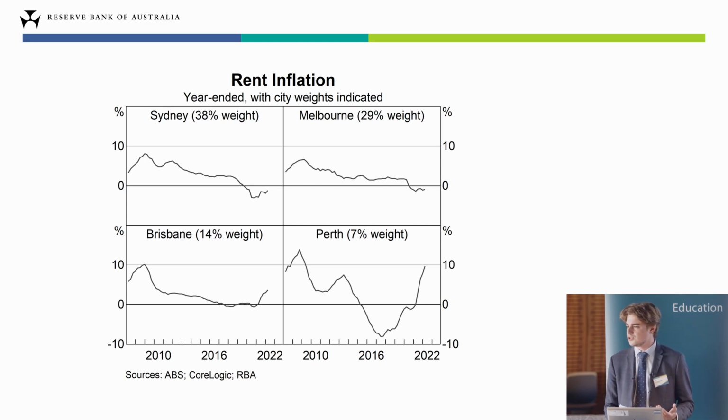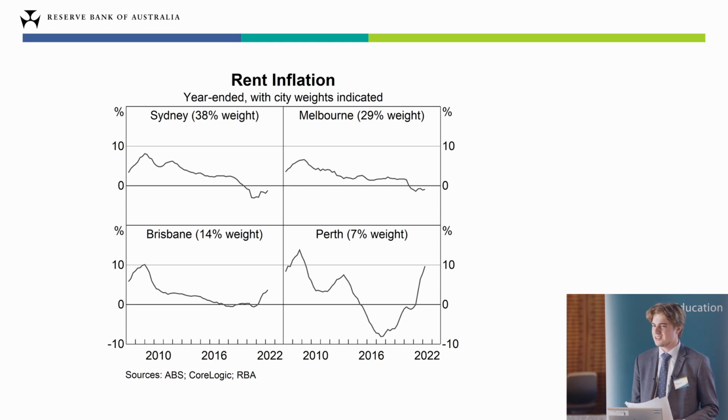Regional differences do occur to some extent for almost all prices in the economy, but there's a good reason to think about rents in particular by different cities. Firstly, it's obvious, but rental properties can't move between cities. Owners of apartments in Perth can't take their units and ship them over to Sydney just because rents are higher there.